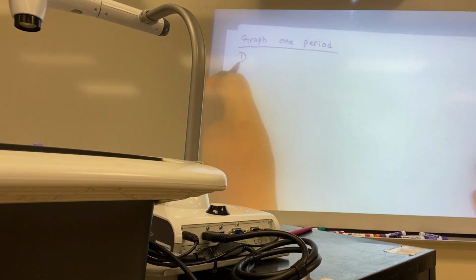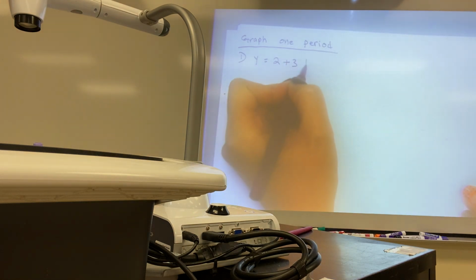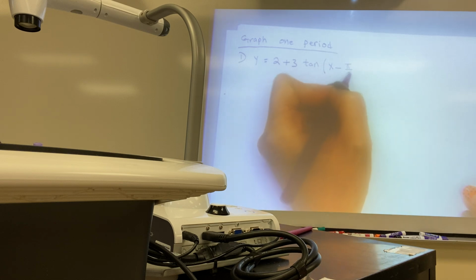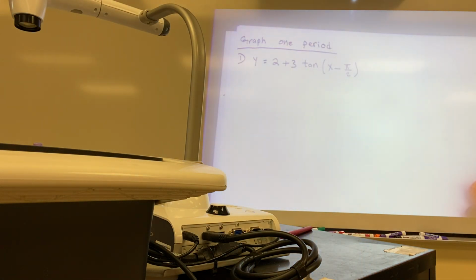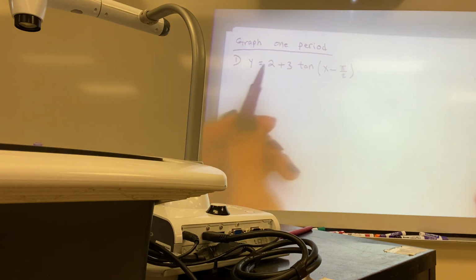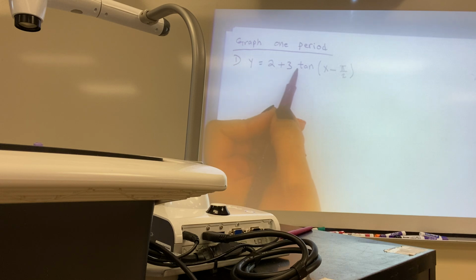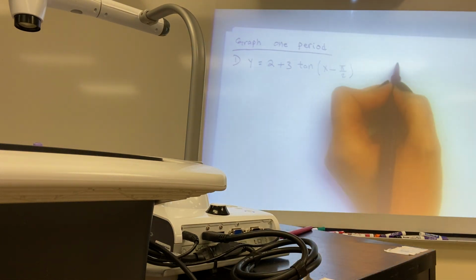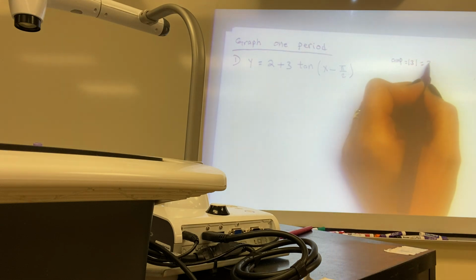Okay, let's look at the first example. Y equals 2 plus 3 tangent of x minus pi over 2. Okay, first let's see what we need to graph. So we see that the amplitude here is 3, the absolute value of 3, which is the same as 3.